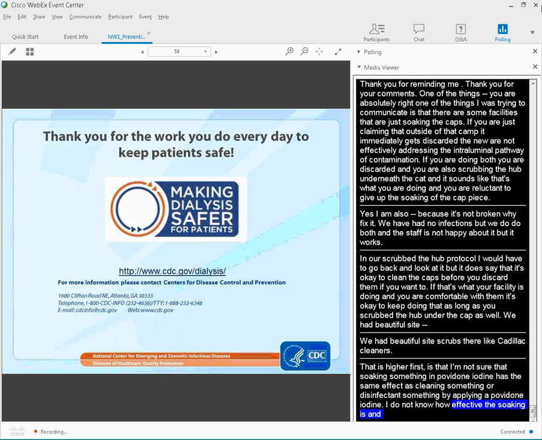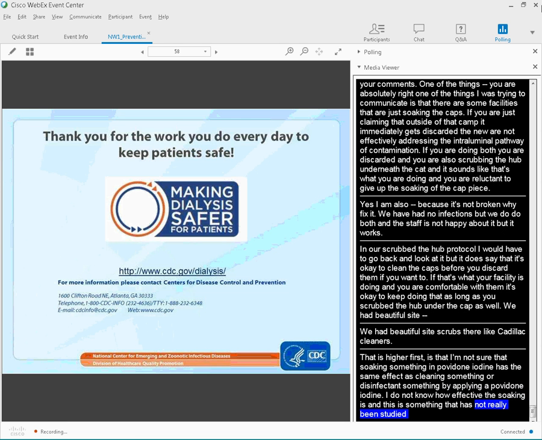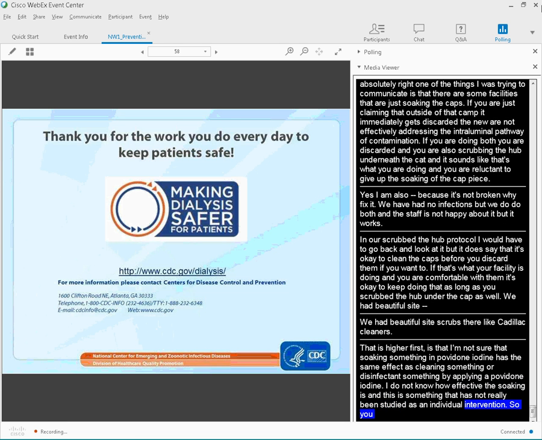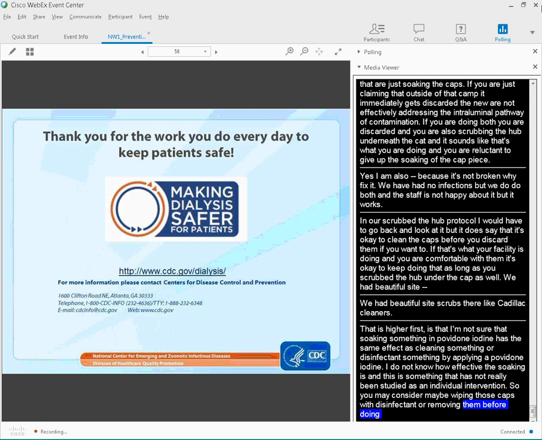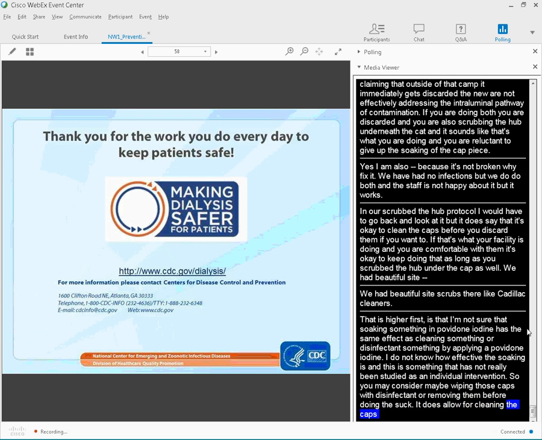So you might consider wiping those caps with disinfectant before removing them, as opposed to doing the soak. I can look into how valuable that is, and I'll look at our protocol to see exactly what it says. It does allow for cleaning the caps, but I think we're trying to get away from the soak because I'm not sure the soak really achieves disinfection like you're trying to.